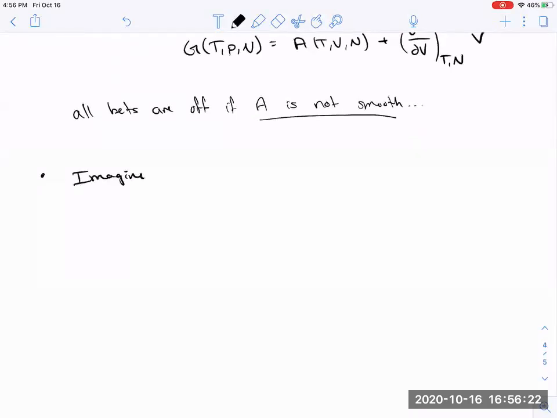Let's, for example, imagine computing the volume as a sum over little volume elements. So let's imagine that we can break up our system into cells that are v in size, and there's M of them, such that the total volume is the sum of little fluctuating volumes.